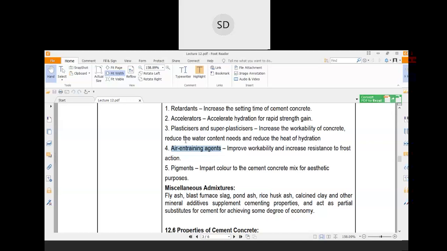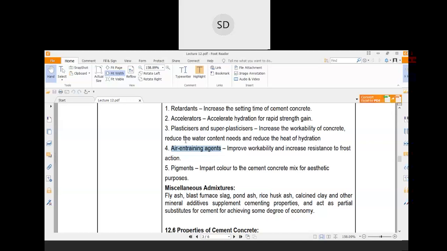In that case you need some air entraining agents to improve the workability and to increase the resistance of that mix against that freezing temperature, which is called frost action.